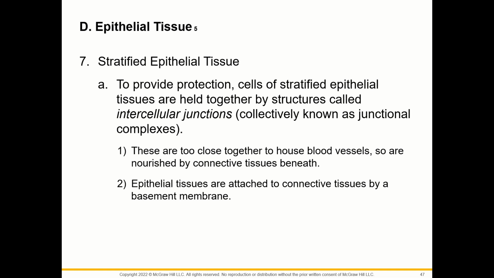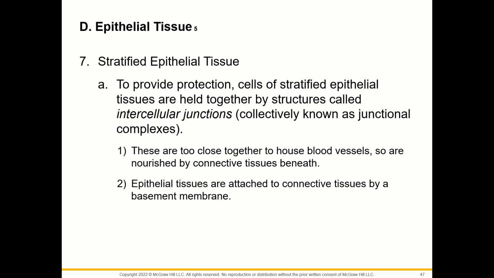For the stratified examples, the tissues are held together by structures called intercellular junctions, and your book shows a stratified squamous non-keratinized epithelium. In order to provide protection, these cells need to be held together tightly, and are thus too close together to house blood vessels.